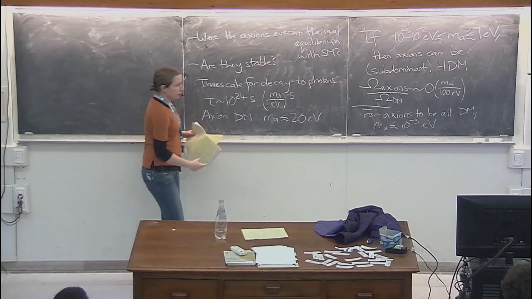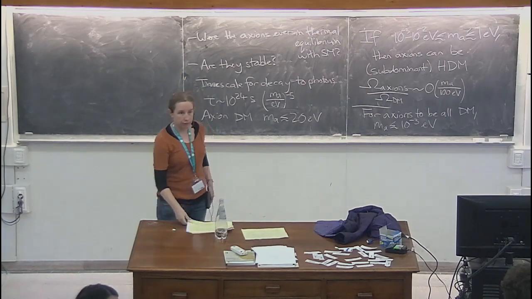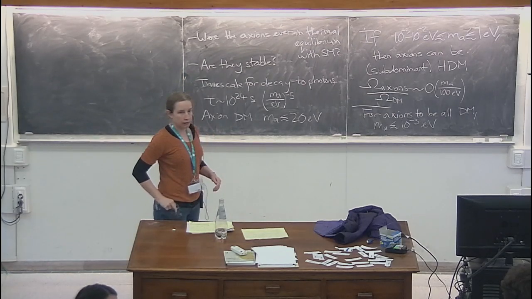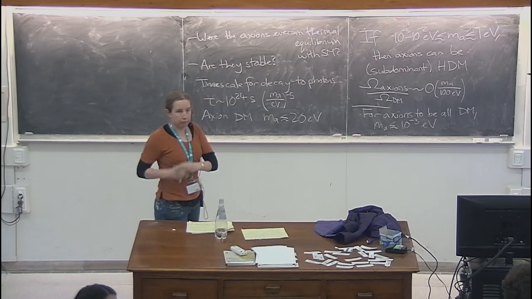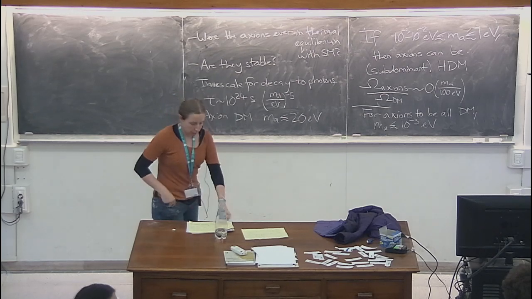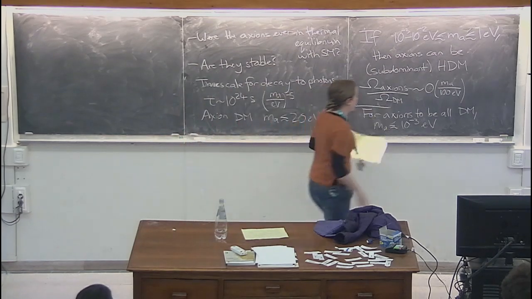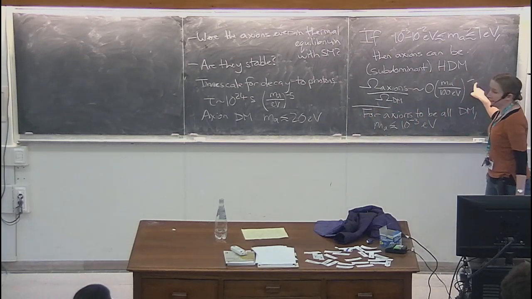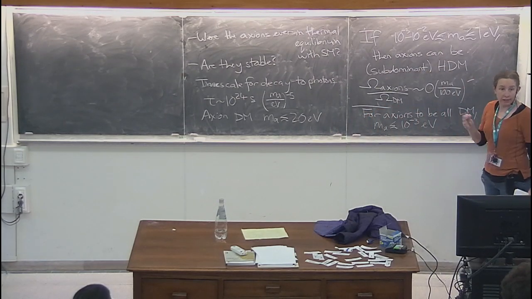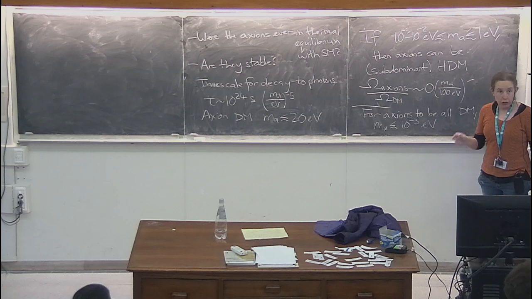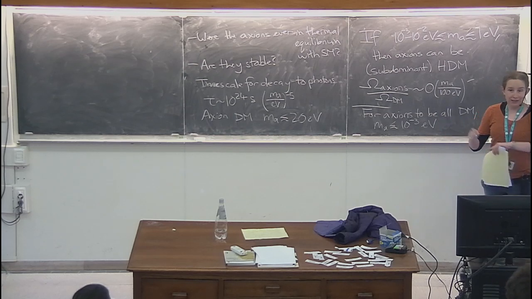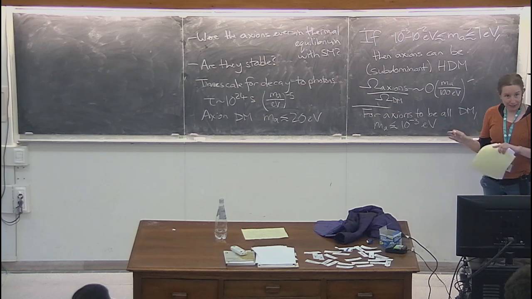So this is assuming that axions were in thermal equilibrium with the standard model, so their abundance was controlled. Standard model particles scattering off each other made a whole bunch of axions. Then they decoupled while they were relativistic, and we used the hot dark matter calculation that we did yesterday. So the number density of axions is somewhat comparable to that of photons, within a couple of orders of magnitude.